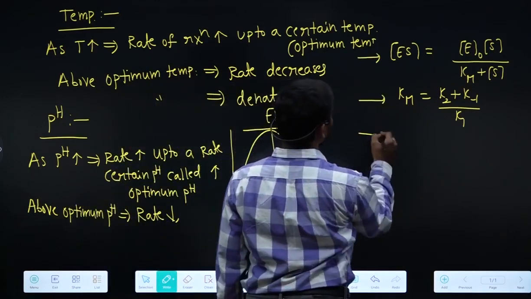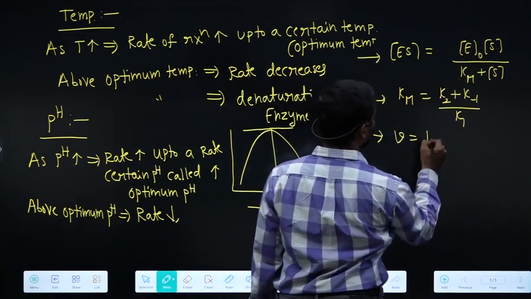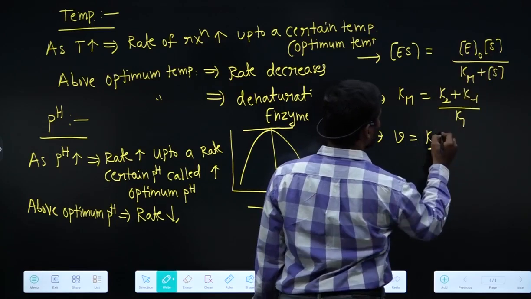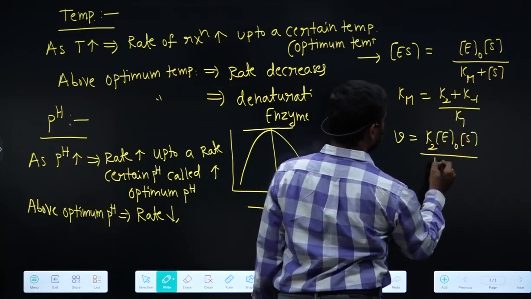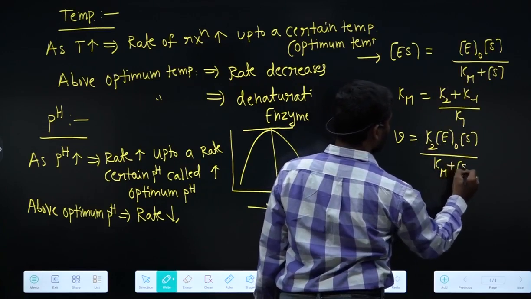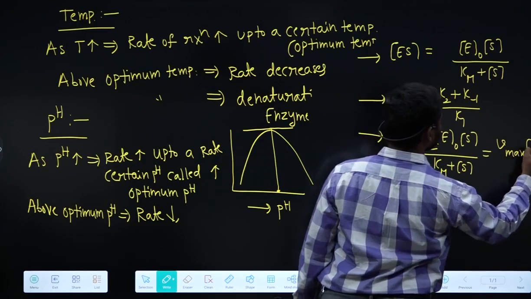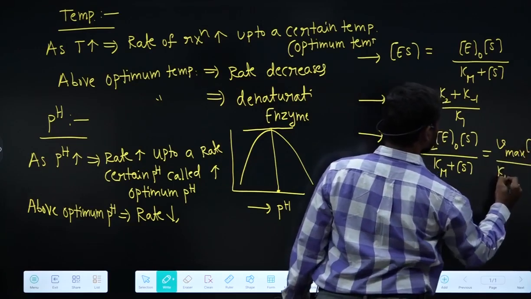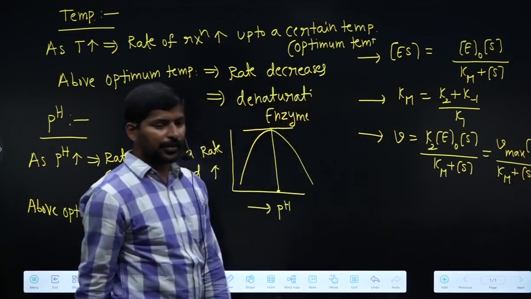Next V. V is nothing but K2 into ES, and this is K2 into E0 into S by Km plus S. K2 into E0 we can write as V max.